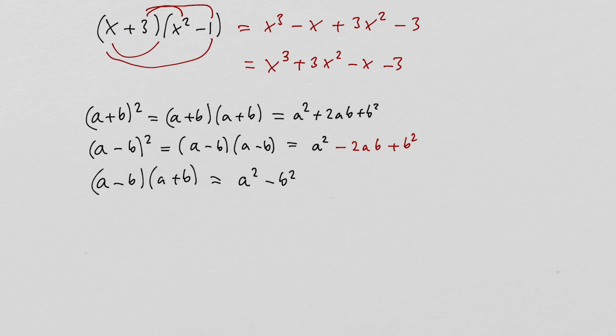Let's use these formulas for polynomials. If you would have to simplify (x plus 1) to power 2, we could use this formula here, and we would get x squared plus 2 times x times 1, well, that's 2x, and 1 squared, which is 1.